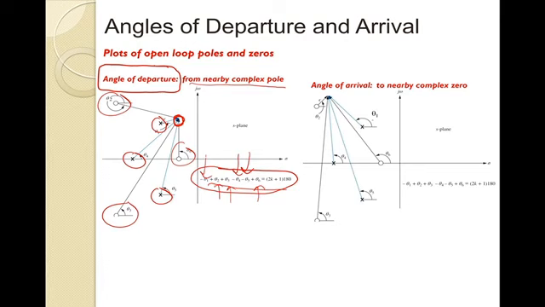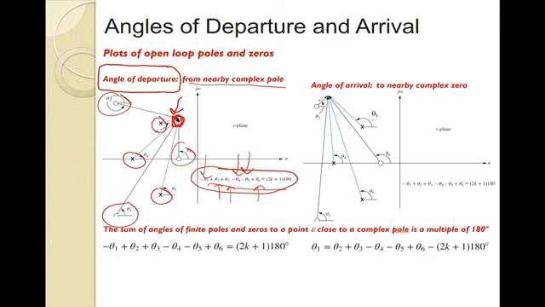Then I subtract from that the summation of all the poles, and then combine those, and I look at that and say, if the resulting angle is an odd multiple of 180 degrees, then that point would be on the root locus. And so one thing I can do relative to the angle of departure of that first pole, relative to theta 1, is I can do basically what I just said and solve for theta 1.